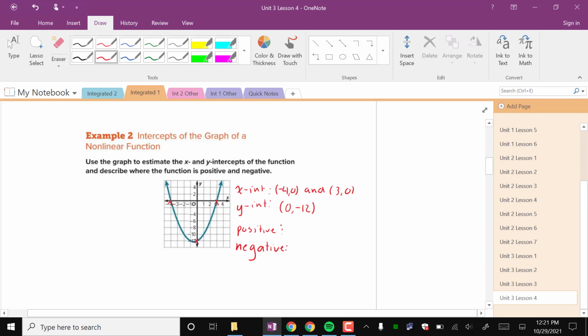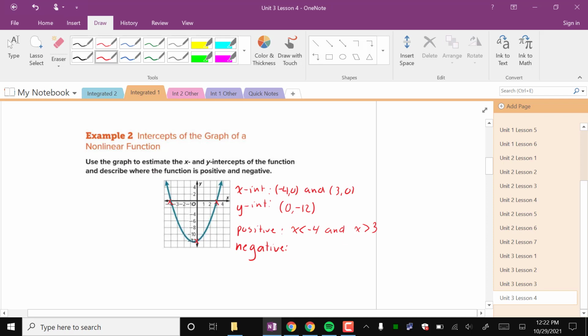Well, when is this going to be positive? So it's positive when x is less than -4. So that's all the values over here. And it becomes positive again over on this side when x is greater than 3. When is it negative?